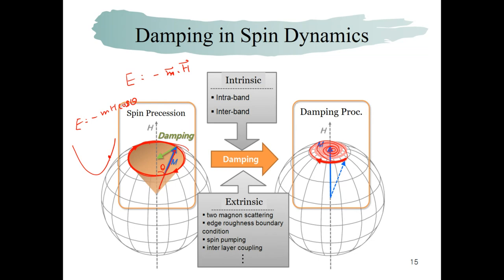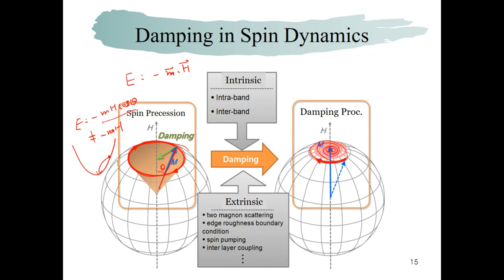Then how can we go to this energy minimum? We need some process called energy dissipation. We should extract energy from the system, from this energy to this energy. So this is not the same.